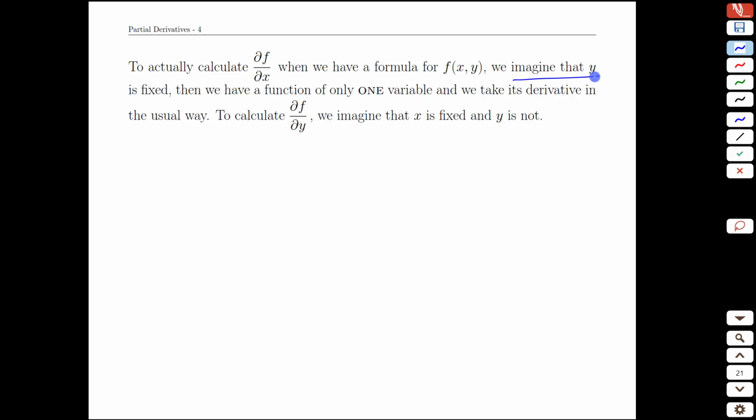We're going to imagine that y is fixed, and that for the purposes of the derivative, we only have a function of one variable. If we're doing the derivative with respect to y, we're going to imagine that x is fixed and y is the variable of interest. So as we do the partial derivatives, we only have to worry about one variable being a variable at a time. Let's see this in action.